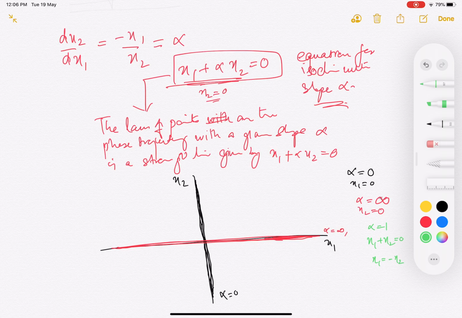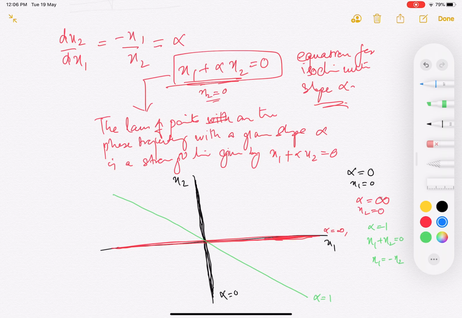We want to draw this x1 is equal to minus x2 line. So it's going to be like this, right? This is the alpha is equal to 1 line, where x1 is equal to minus x2. So in this line, the slope is going to be 1, that is, it is going to be plus 45 degrees.